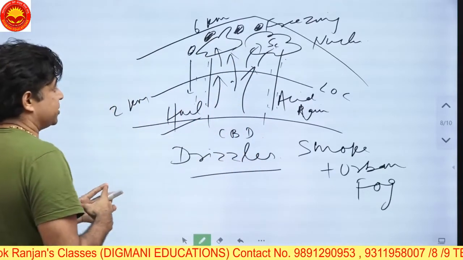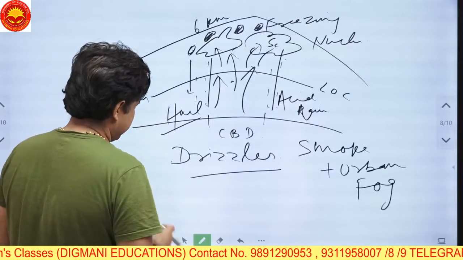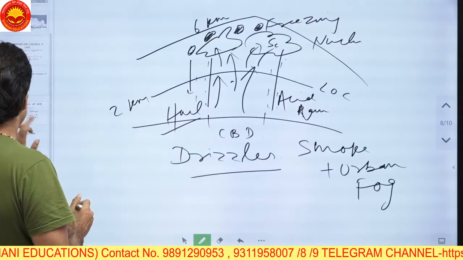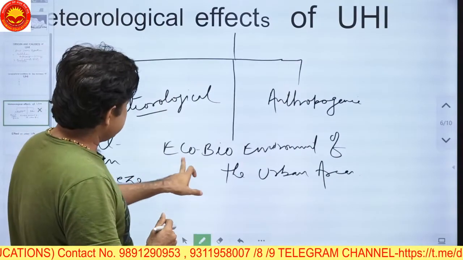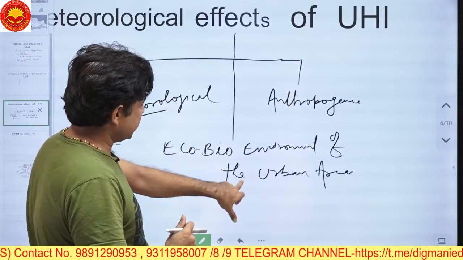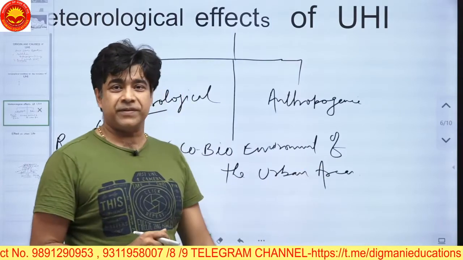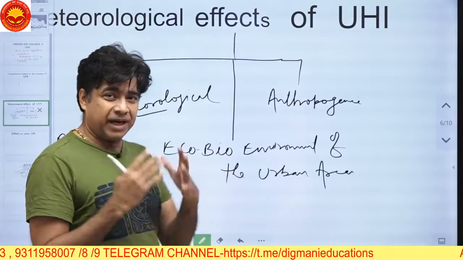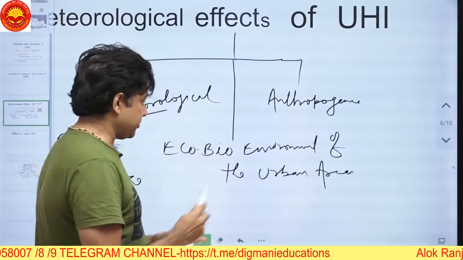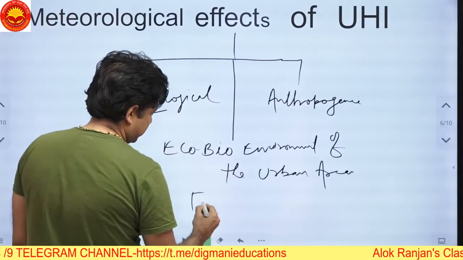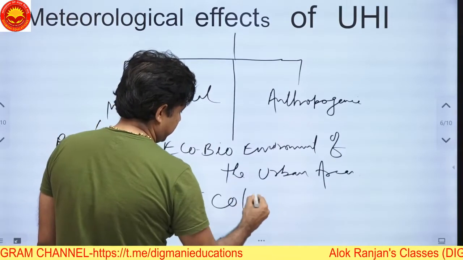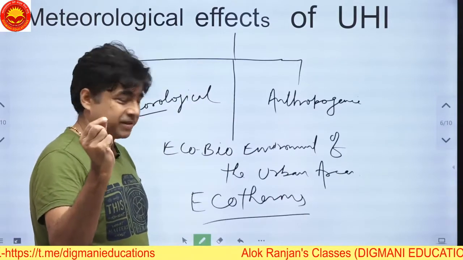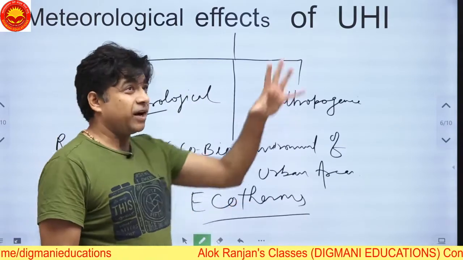Okay, so this is about the meteorological impact, and the second impact is in terms of the eco-bio environment of the urban areas. Now, this is a very interesting point which was published by the IIT Kharagpur researchers. They have used the term ecotherms. These are small ants, cheetah, and the lizards.